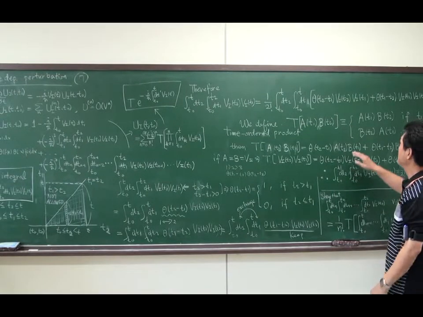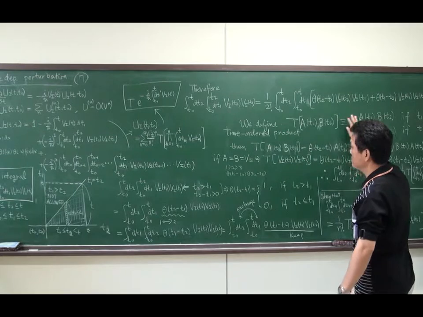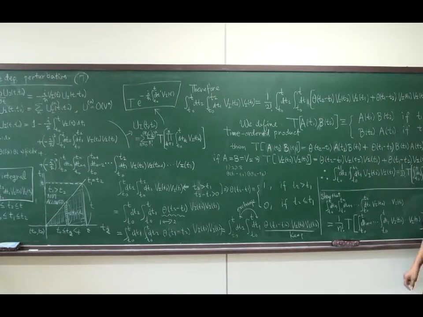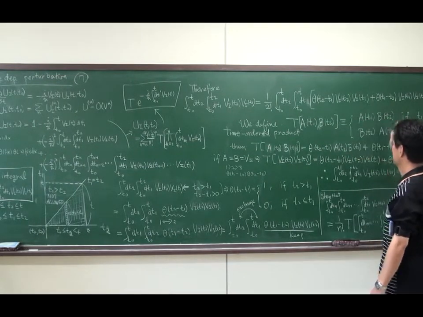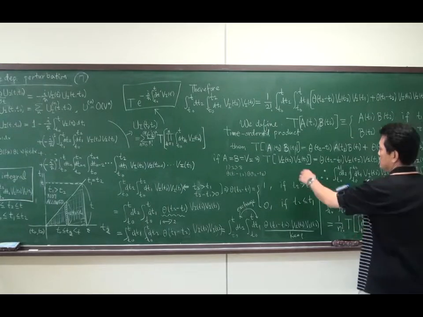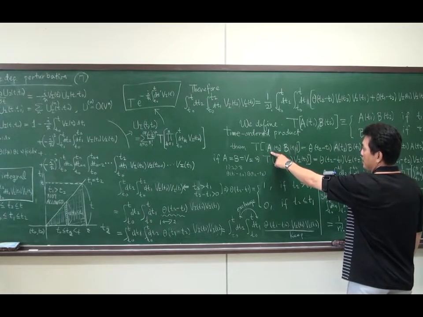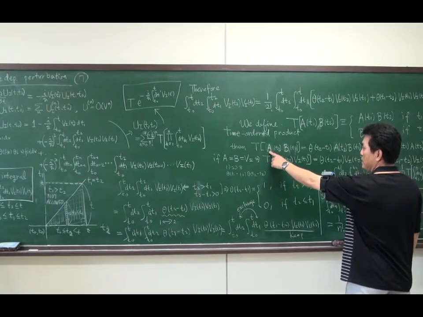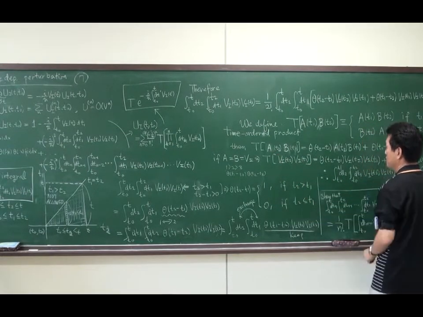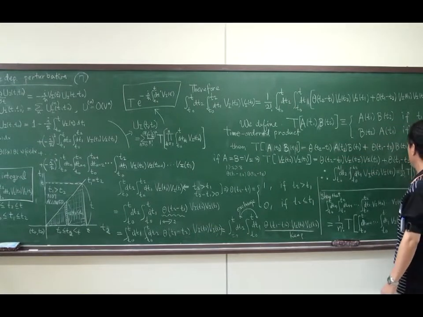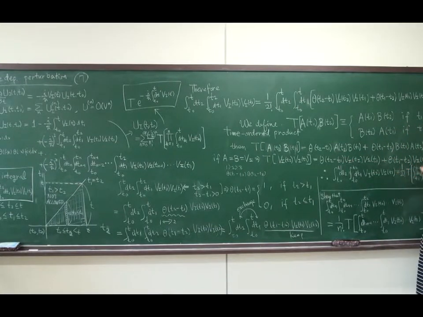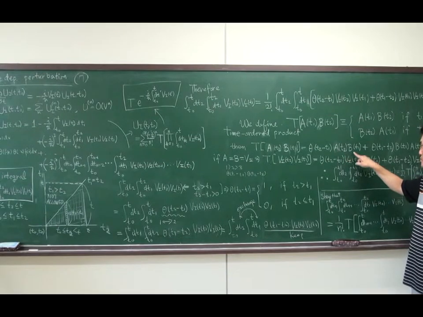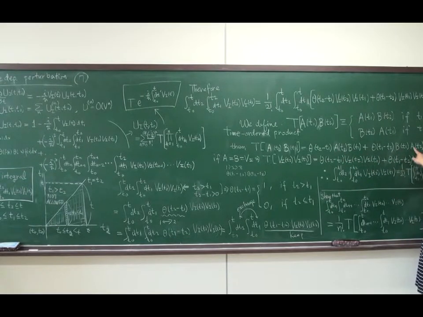Then, why don't we make use of this definition, the time-ordered product, to re-express this? Just substitute V_I for A and V_I for B, and let's see what happens. Let us copy these whole expressions one more time, and then replace A by V_I and B by V_I.